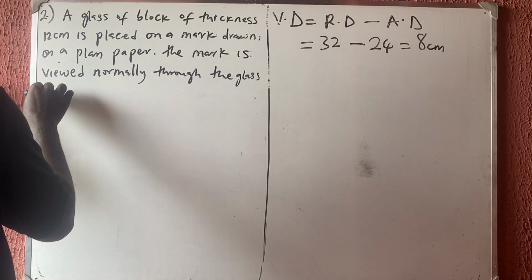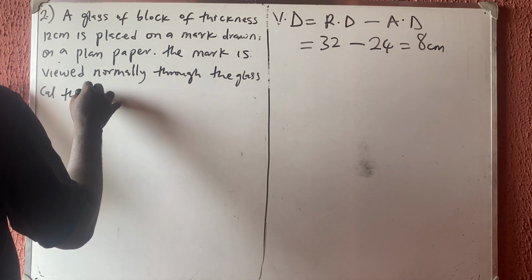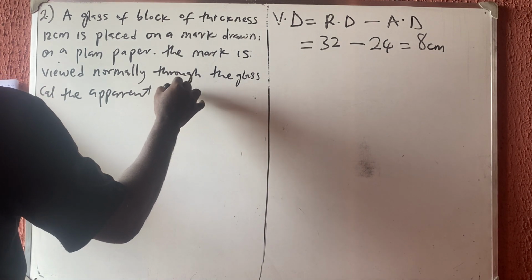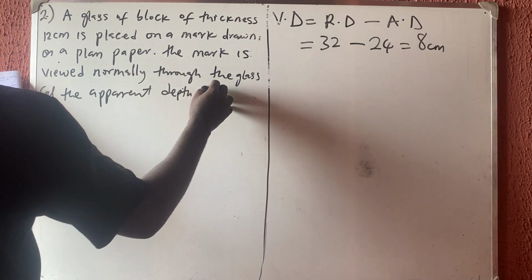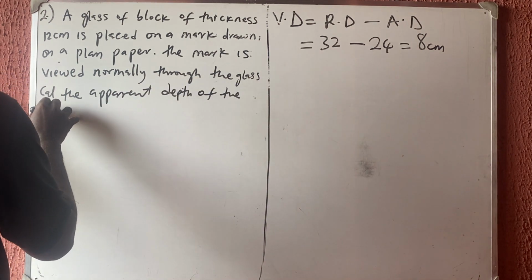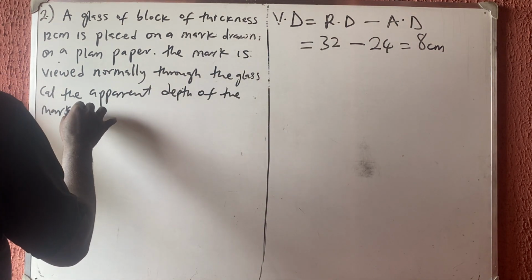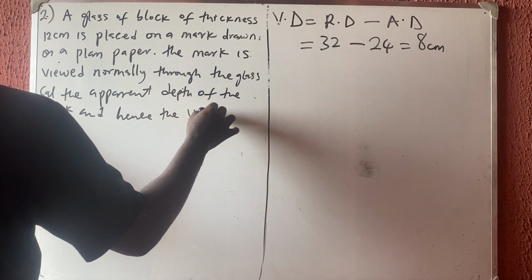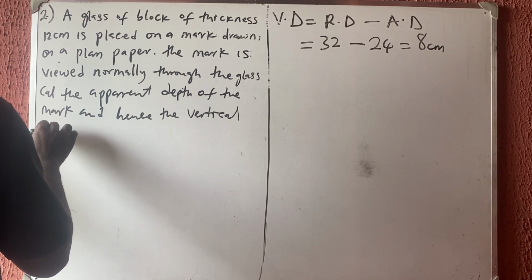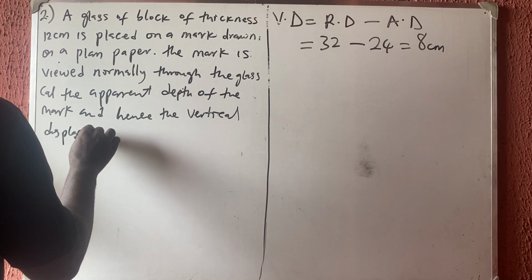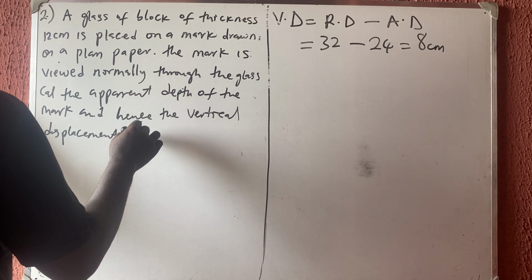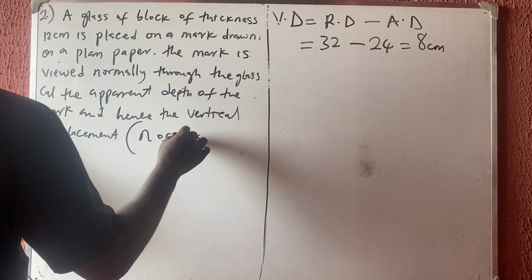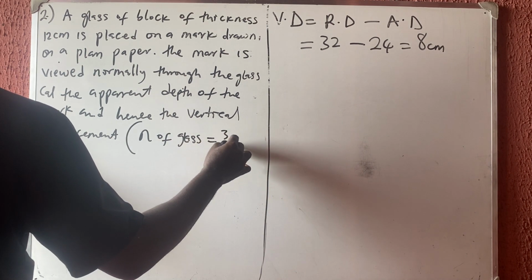Calculate the apparent depth of the mark, and hence the vertical displacement. The refractive index of glass is 3/2.